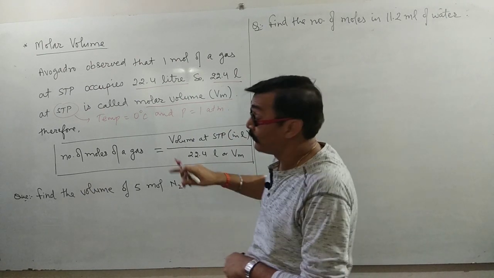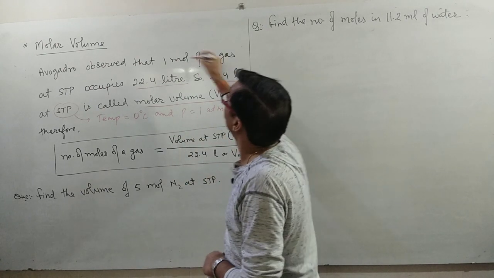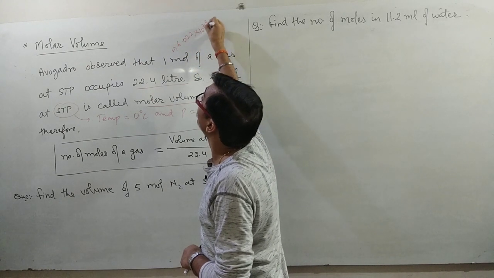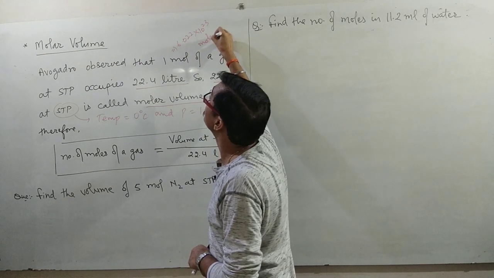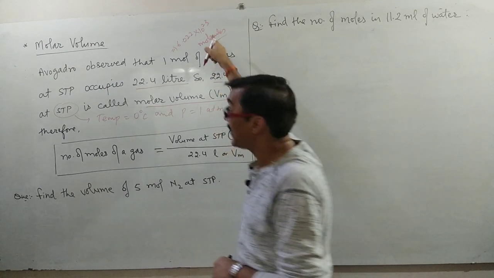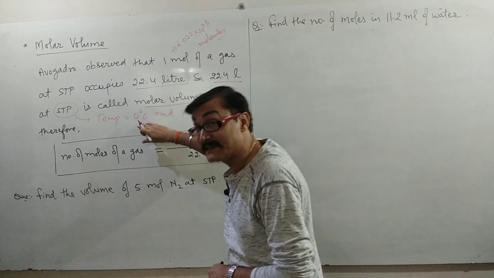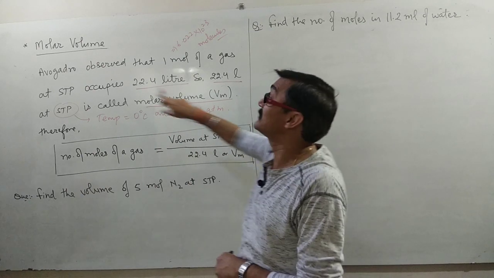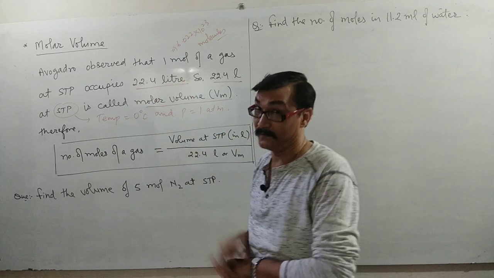The volume of 1 mole, that is 6.022 into 10 to the power 23 molecules of a gas, at 0 degree centigrade and 1 atmospheric pressure occupies 22.4 liter.